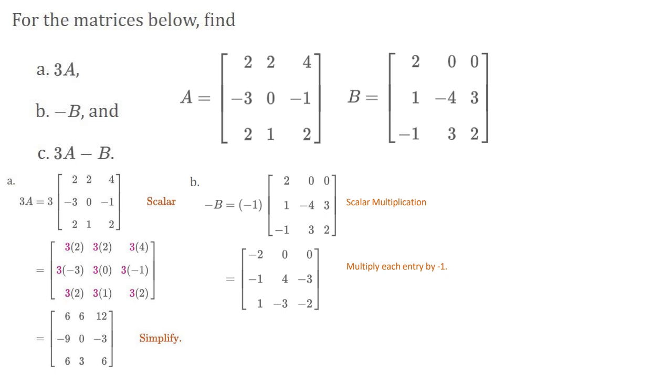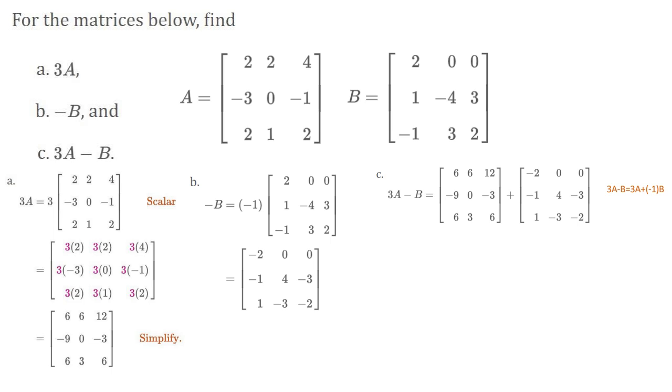Okay, but the most useful or probably possible test question is you're going to have to add two or subtract two matrices together. So on this particular one, I'm just using what I've done. I will add matrix 3A, subtracted with matrix B. Okay, so to do that, very, very easy.